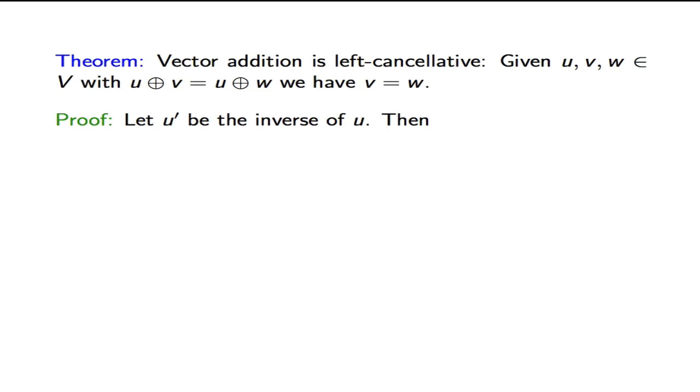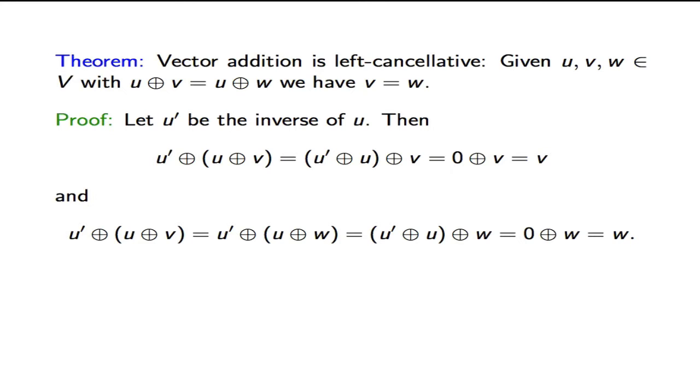Let's begin by writing u prime for the additive inverse of u. Then u prime plus (u plus v), by the associative property, is (u prime plus u) plus v. But u prime plus u is equal to 0, since u prime is the additive inverse. So this is equal to 0 plus v, which is equal to v.